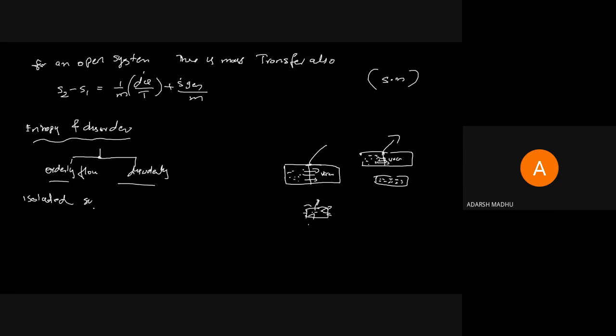Take an example of an isolated system: when heat is applied, temperature increases inside the system and entropy also increases. So here, the disorder motion of the molecules and their collisions tend to increase the value of entropy.